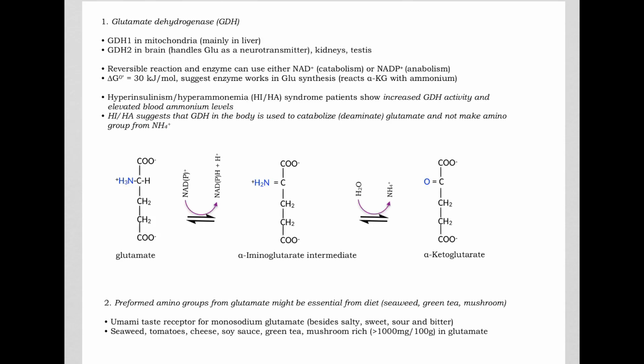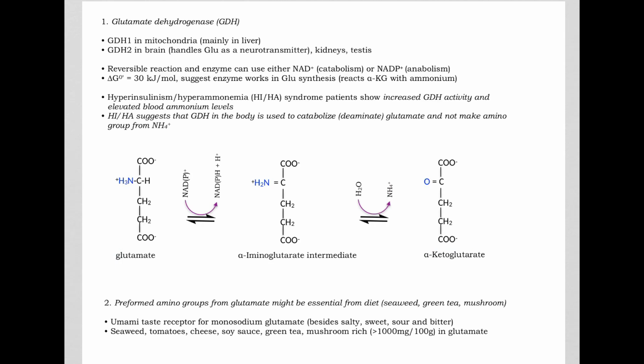One possibility is the enzyme glutamate dehydrogenase, found in the liver as well as brain, kidneys, testes, and other tissues. This enzyme catalyzes a reversible reaction where glutamate can be converted into alpha-ketoglutarate and ammonium, or in the other direction, alpha-ketoglutarate and ammonium give you glutamate.